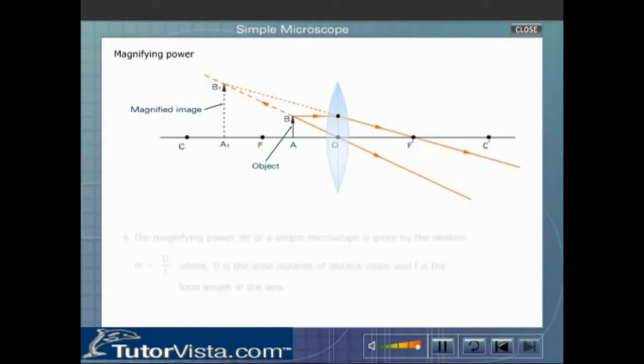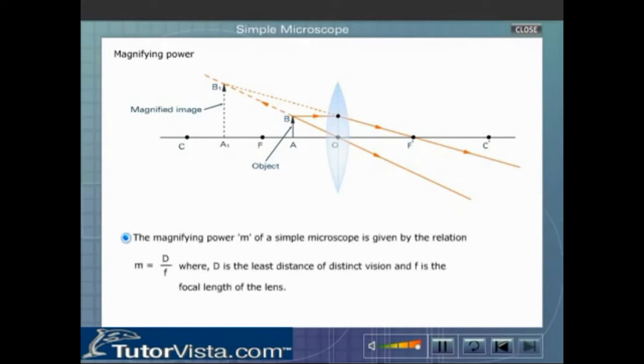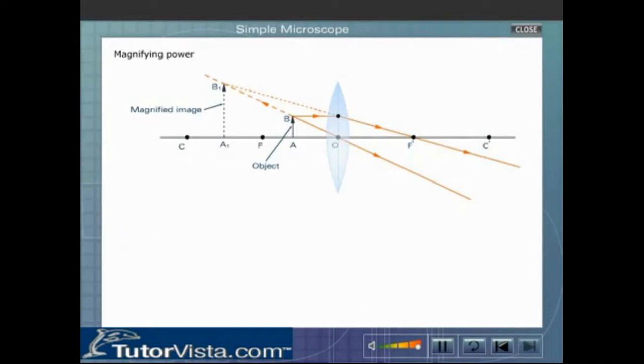Magnifying power. The magnifying power m of a simple microscope is given by the relation m is equal to d by f, where d is the least distance of distinct vision and f is the focal length of the lens. From this equation, it is obvious that to increase the magnifying power of a simple microscope or magnifying glass, the focal length of the convex lens should be made as small as possible.